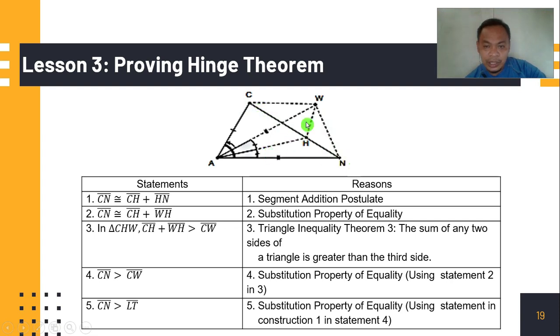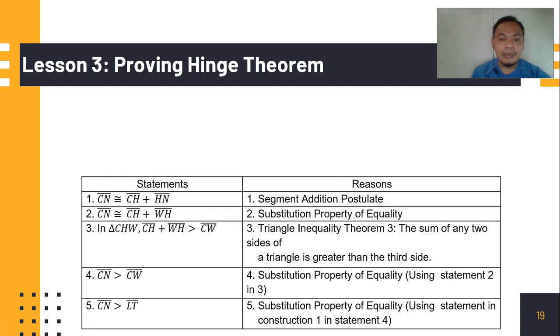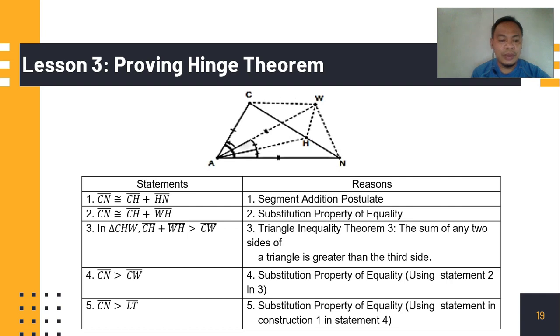Here is LT. By the substitution property of equality using construction 1 and statement number 4. Because of what we constructed, we got what we wanted to say. So we have proved that CN is greater than LT.